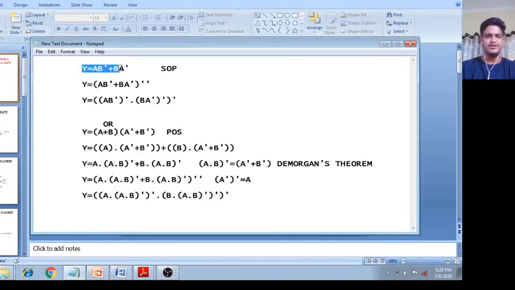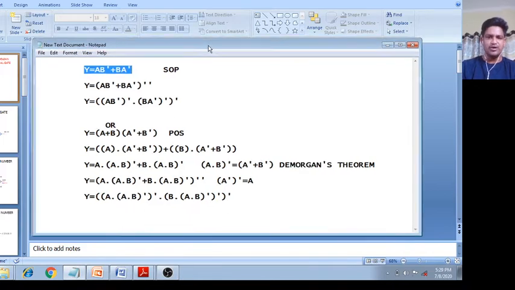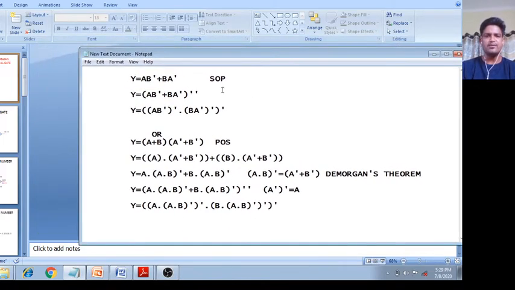This is the expression of XOR gate in case of SOP, sum of product: A B dash plus B A dash. Now what concept will you apply? Either you can use the same concept which I explained in last lecture, gate level minimization, or another method you can apply.